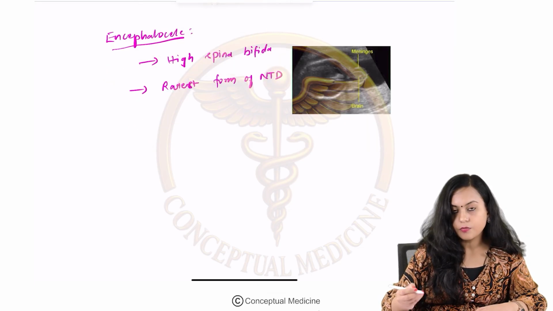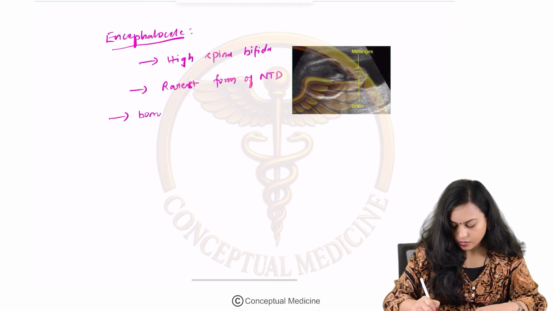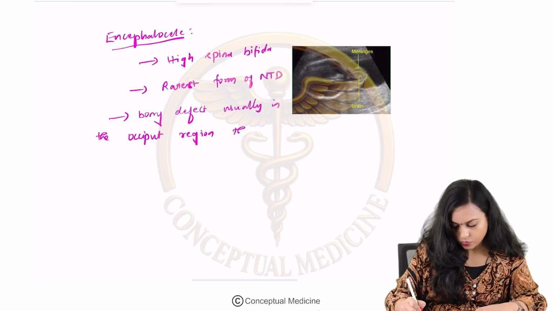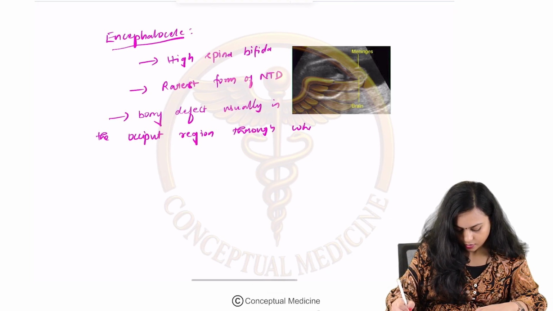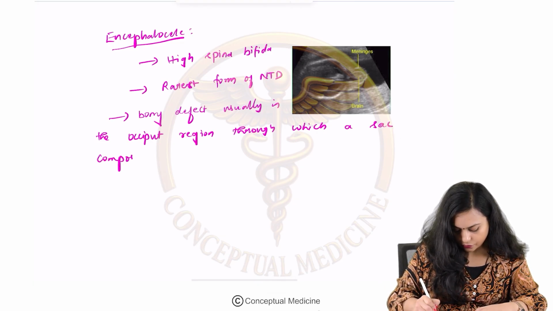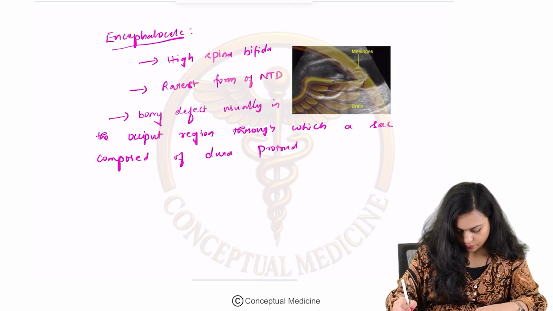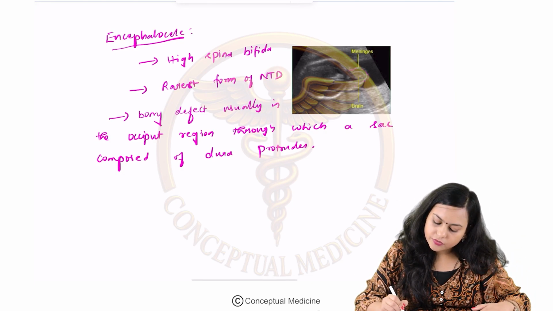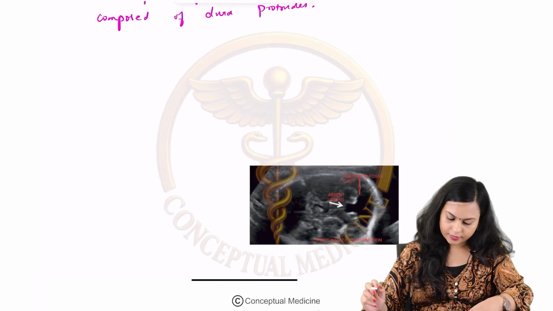Now if you see, this is a bony defect, usually in the occiput region, through which a sac that is composed of dura protrudes. So you are able to see that this is the meninges that is protruding along with some brain tissue. So this is a case of encephalocele.